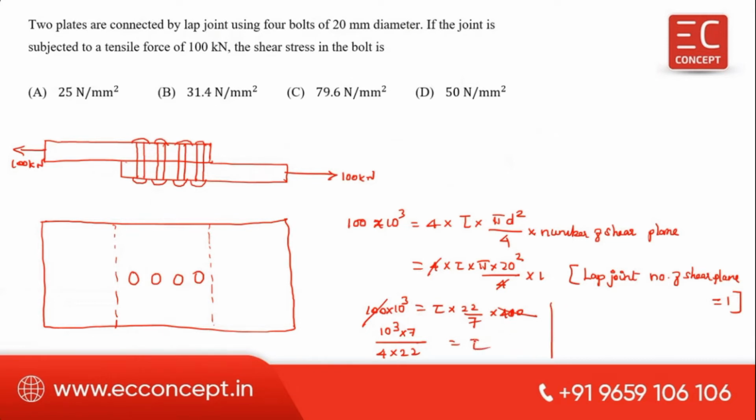So the answer for this question is 7000 divided by 88, which is equal to tau. So 7000 divided by 88, you have to do it.